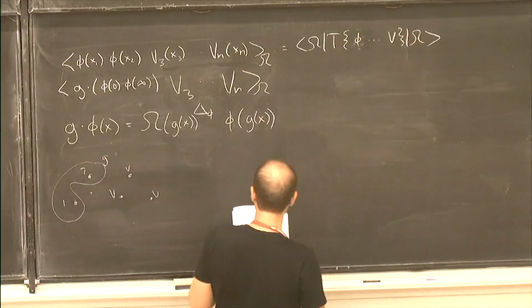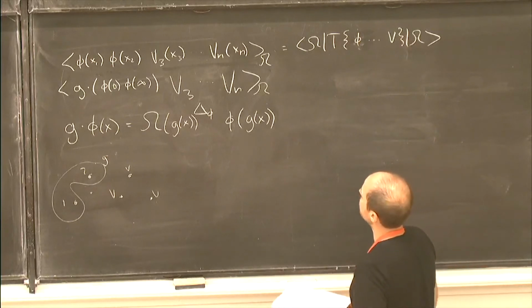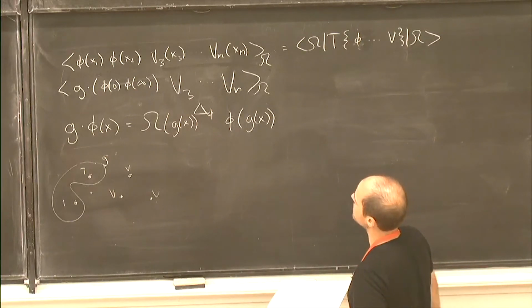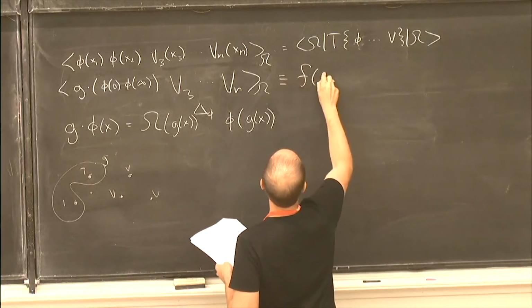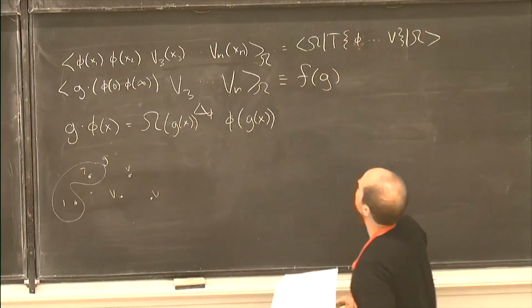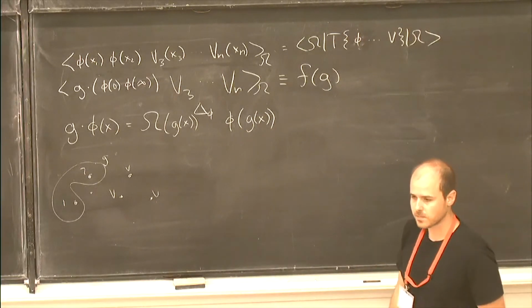Okay, so we have a function on the group. As in the spherical harmonics case, we'll define this function of G as f of G. This function on the group satisfies an invariance condition.